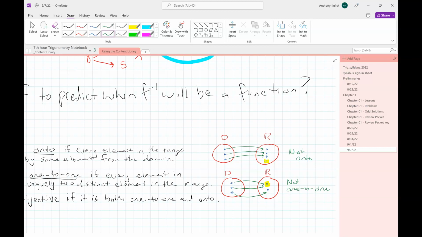However, if I look at the second example, is this second example onto? Yeah, all the ranges get used. So this is onto. If I look at the first example, is that one-to-one? Yes, because each x has its own unique y, right? None of the y's are used more than once.